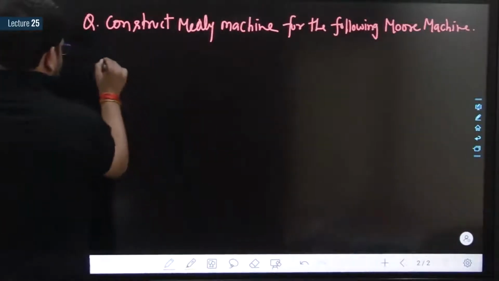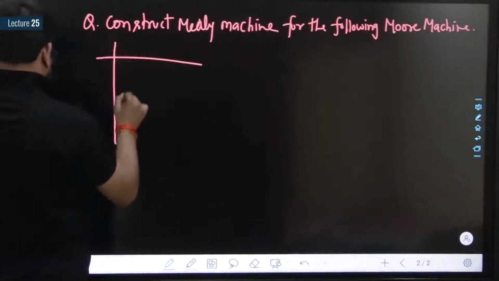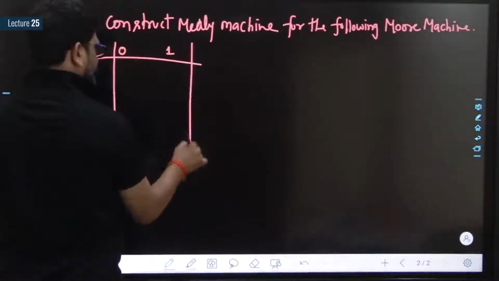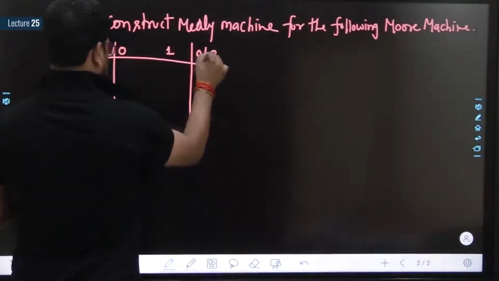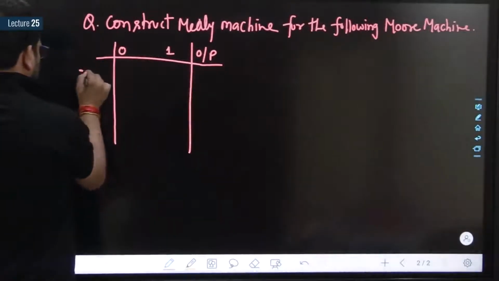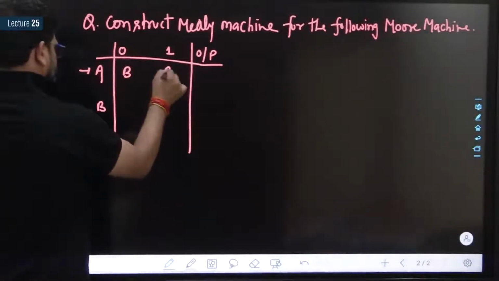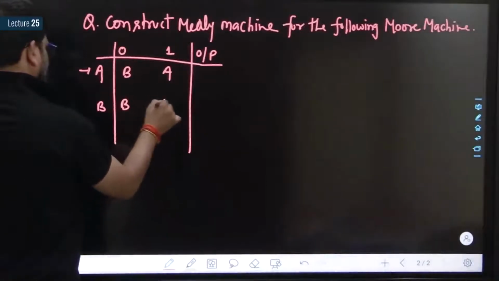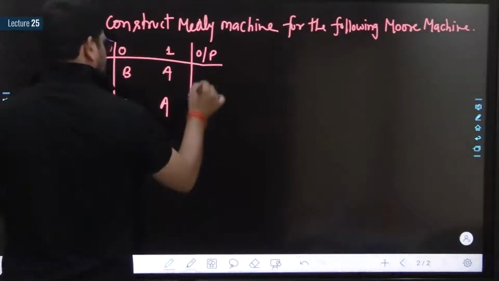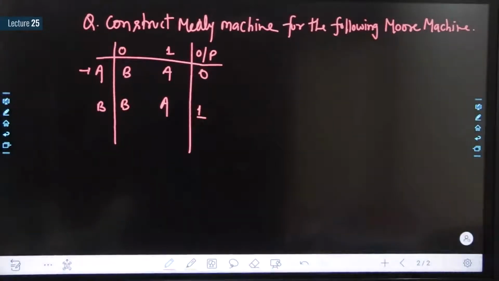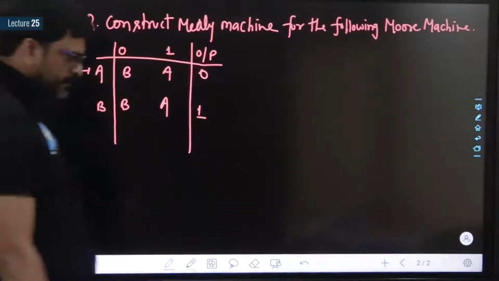What is the Mealy machine? Zero, 1. This is output A, B. Please construct the equivalent Mealy machine. Do fast.